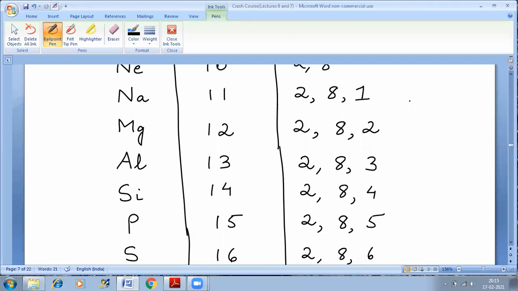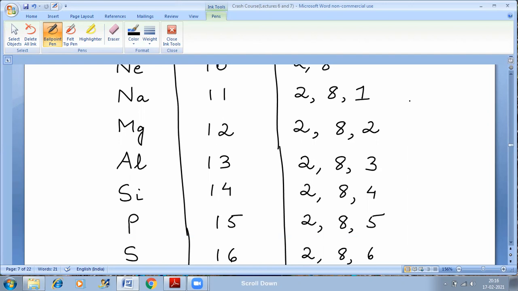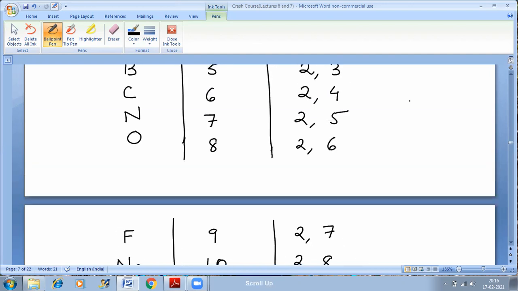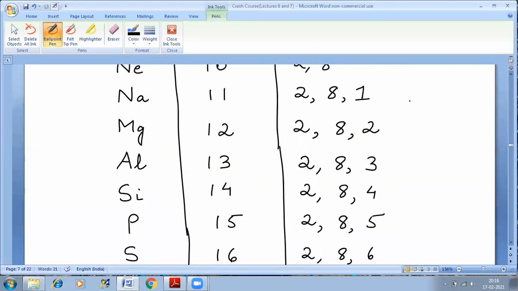Okay, now if I ask you what is the similarity between phosphorus and nitrogen? They both have 5 valence electrons. Nitrogen has 5 valence electrons, as you can see here. Also, phosphorus has 5 valence electrons.